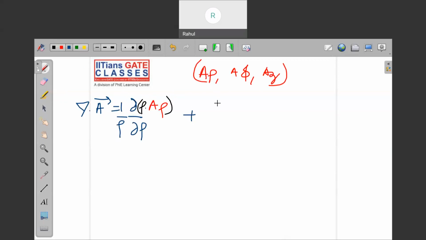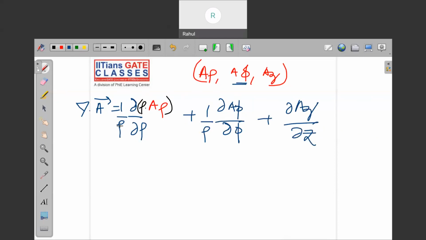Plus, now you have to take the phi component, so write A phi, and take the partial derivative with respect to phi, and this should be 1 by rho d phi. Plus, take the z component and take the partial derivative, right? So this is how we write.